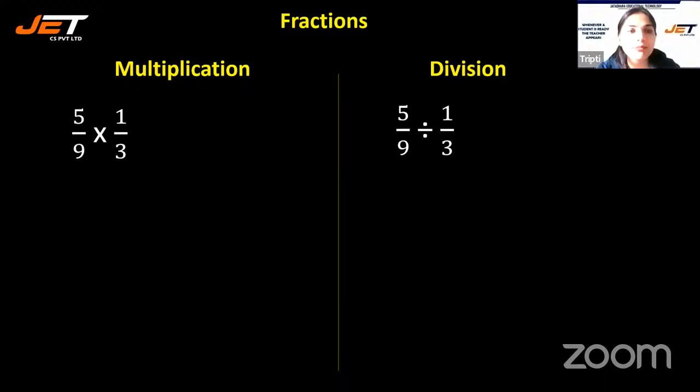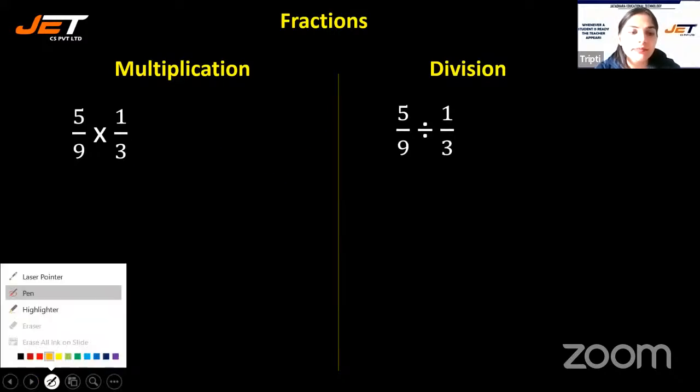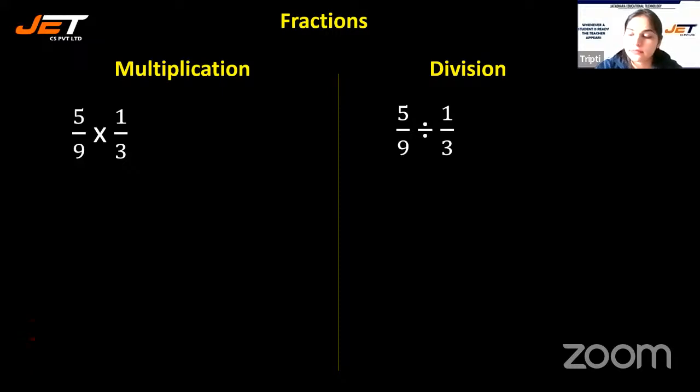5 by 9 times 1 by 3 and 5 by 9 divided by 1 by 3. So here 5 by 9 times 1 by 3. 5 times 1 is 5. 9 times 3 is 27.